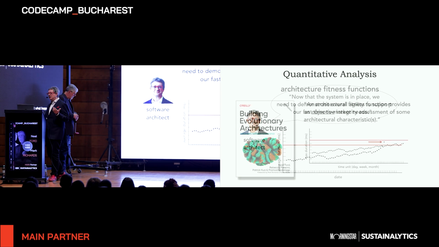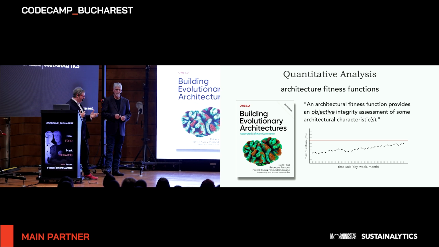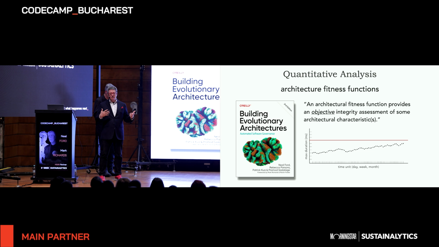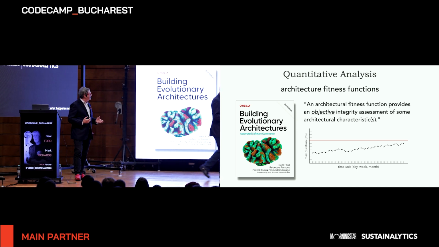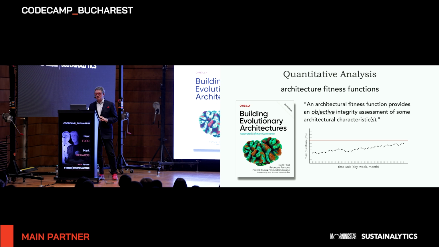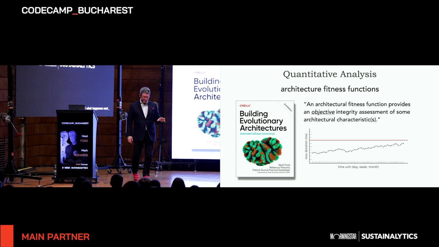And consequently, a lot of these fitness functions need to be monitors or operational checks, not just running something at compile time. So an architecture fitness function is an objective integrity assessment of some architecture characteristic or combination of architecture characteristics.